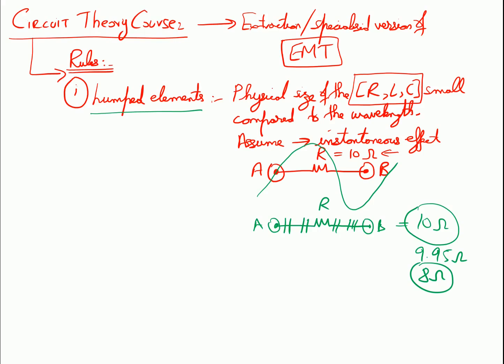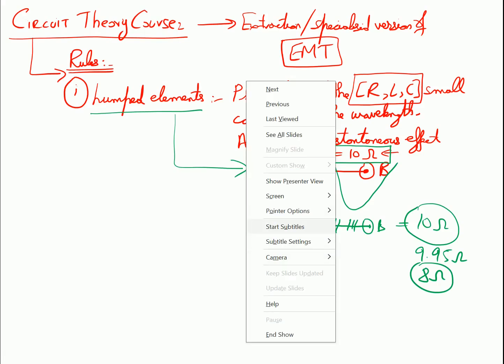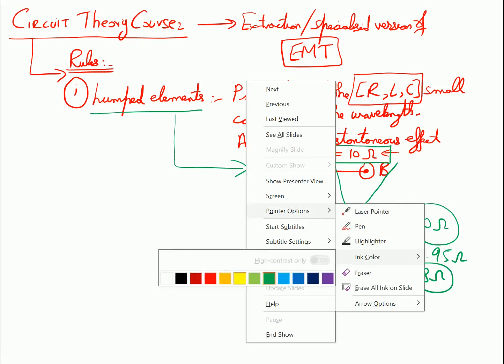But since we assumed it to be a lumped component, we said that it is going to have an instantaneous, across the board, same value. So we said it is going to be a complete 10 ohm. So this was the first assumption we took in the circuit theory course.